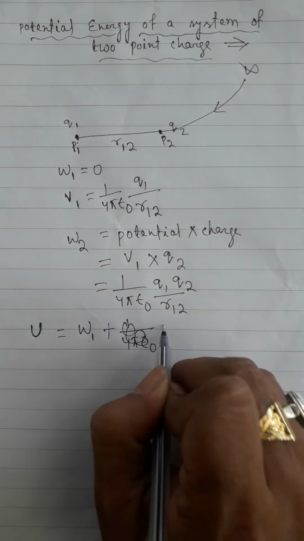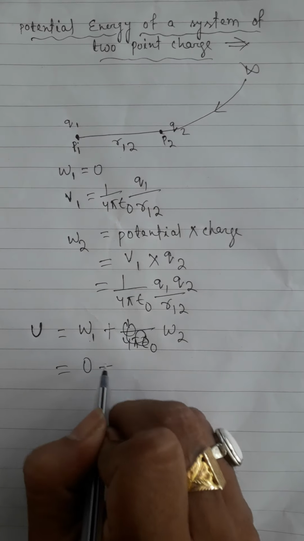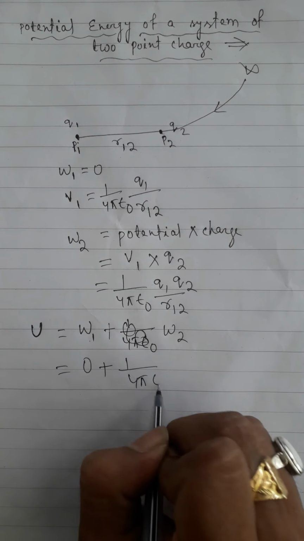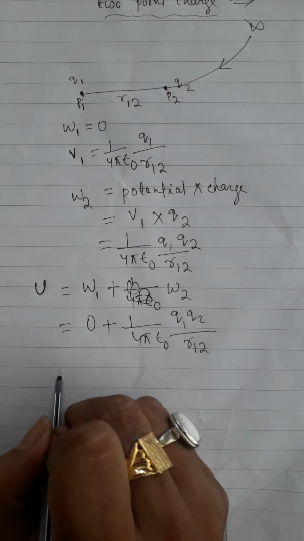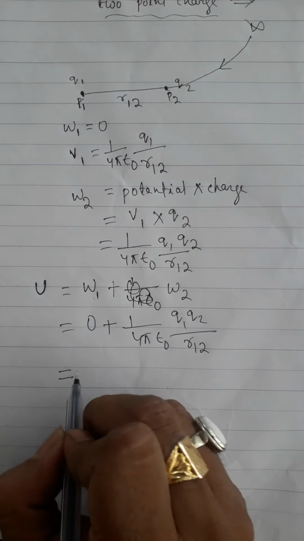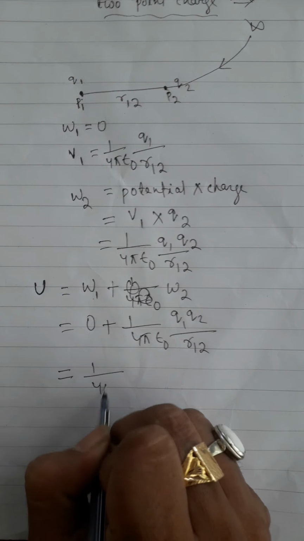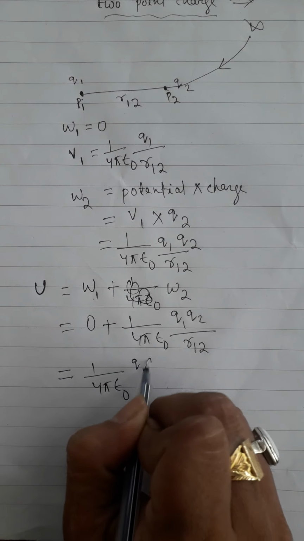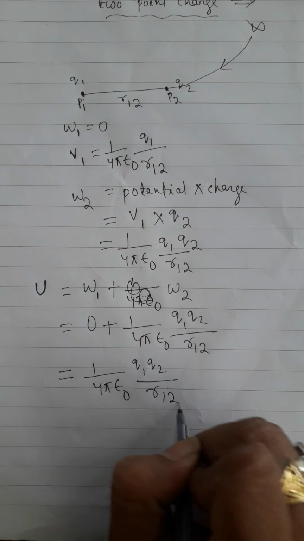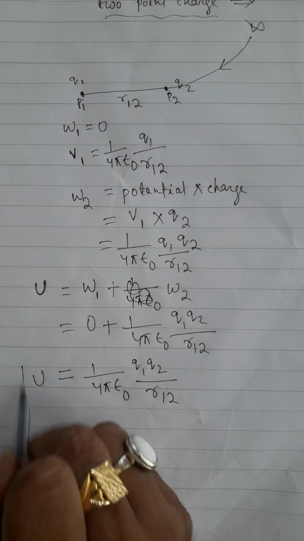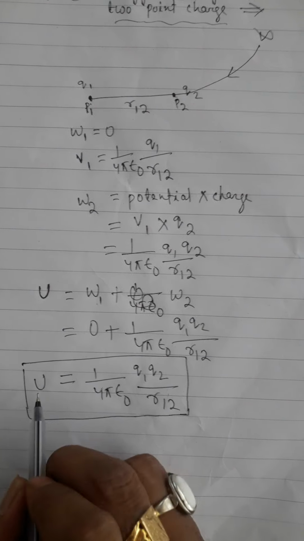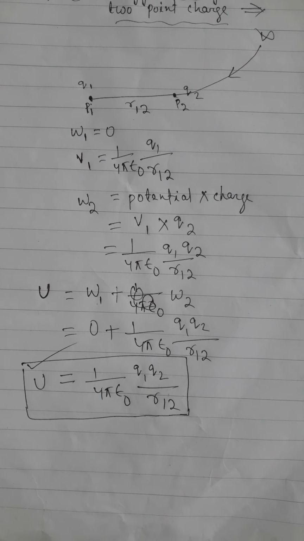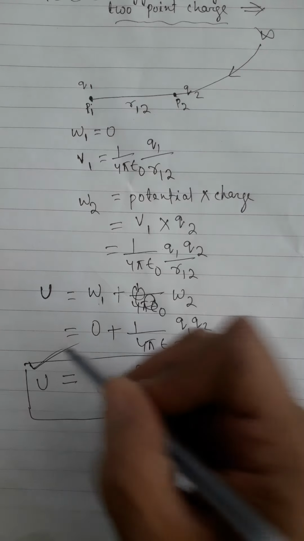So U is w1 plus w2, that is 0 plus 1 by 4 pi epsilon r, q1 q2 divided by r12. So the total potential energy, or the work done, is 1 by 4 pi epsilon r, q1 q2 divided by r12, which is the potential energy of a system of two point charges q1 and q2. If we calculate the work done, then automatically the potential energy will be calculated.